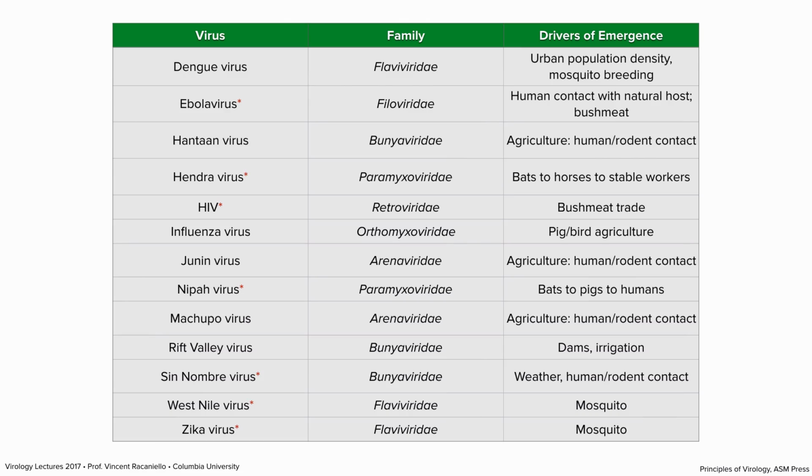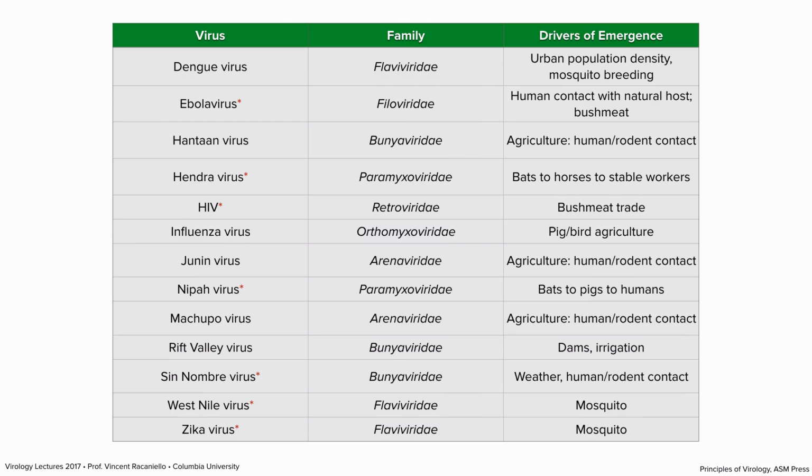So here's a table of a number of viruses which we have seen either newly emerged in recent years or have expanded in their ability to infect globally. They include some viruses we have talked about, but the asterisk ones we're going to talk about today. Ebolavirus, for example, the driver of emergence, human contact with natural host, bushmeat trade.